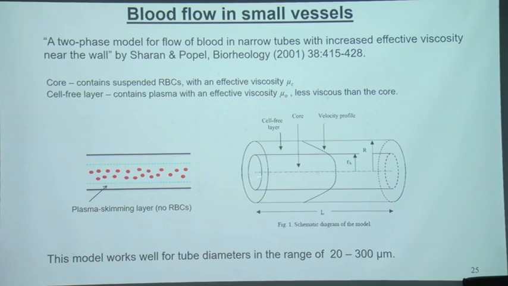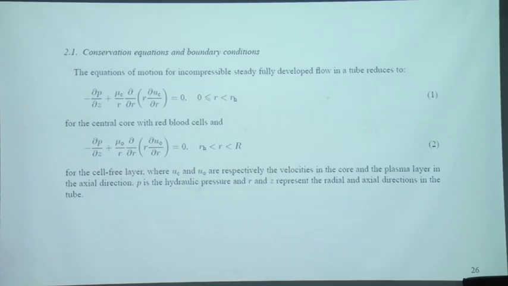If you consider idealized scenarios for flow through a strictly cylindrical tube, then we can apply the Navier-Stokes equations for each of these regions and solve them. Again, I copied the equations from the paper, so you can look at the paper for further details.